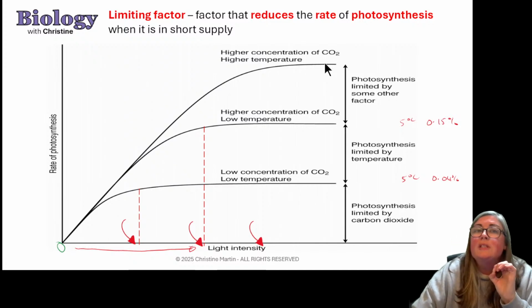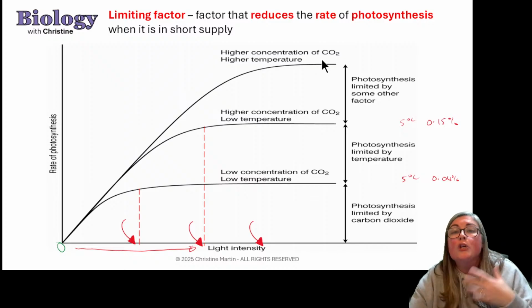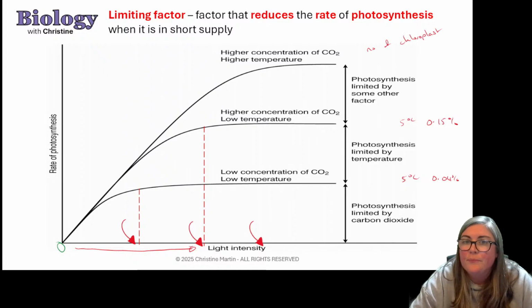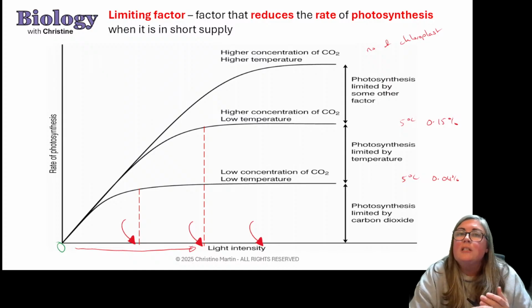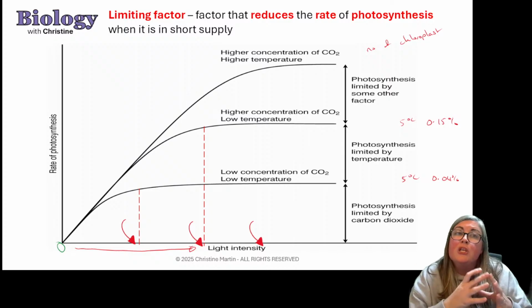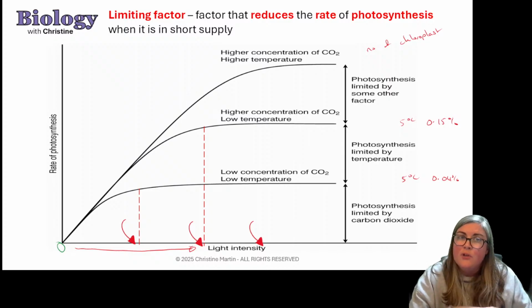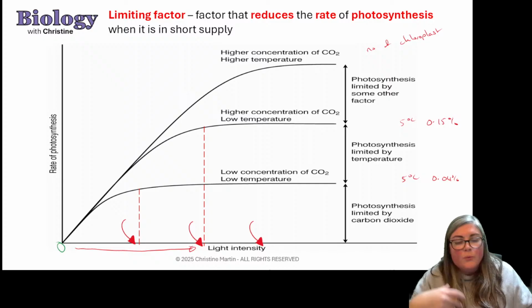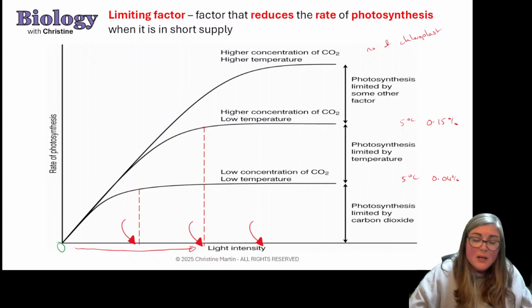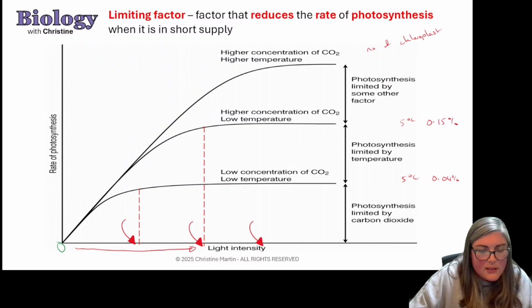It's not the temperature anymore, so something else. It could, for example, be the number of chloroplasts, potentially. So it really just depends on where they want you to go. So it's important that you're looking at the graph that they've given you, and you are able to then use that to help you.